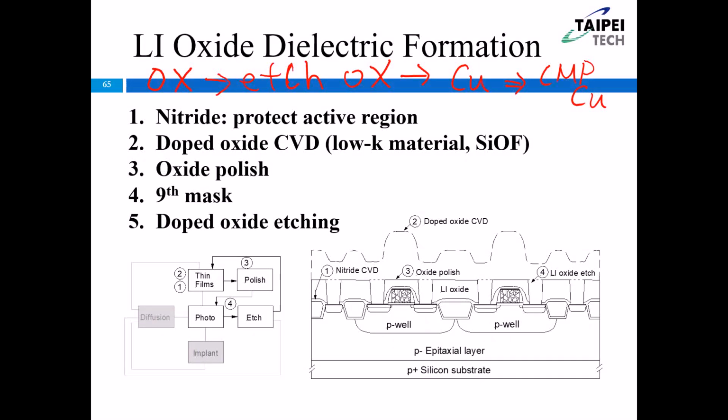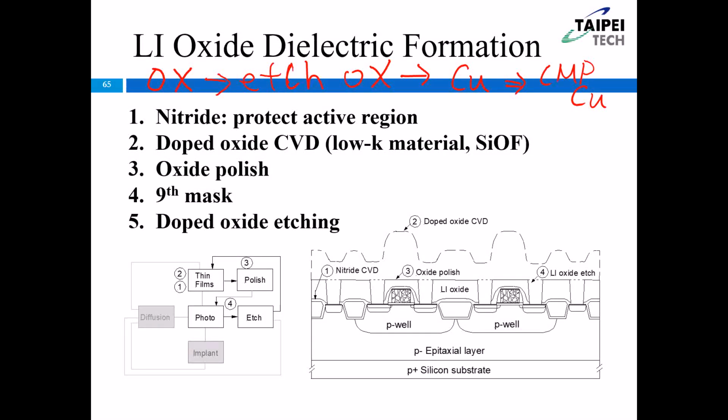Also, for the damascene process, it means we need to deposit the oxide first, and then we etch the oxide in order to generate the space for the copper to fill in, okay? Then, once we have the space, the copper can fill in the space here and the space here, okay?